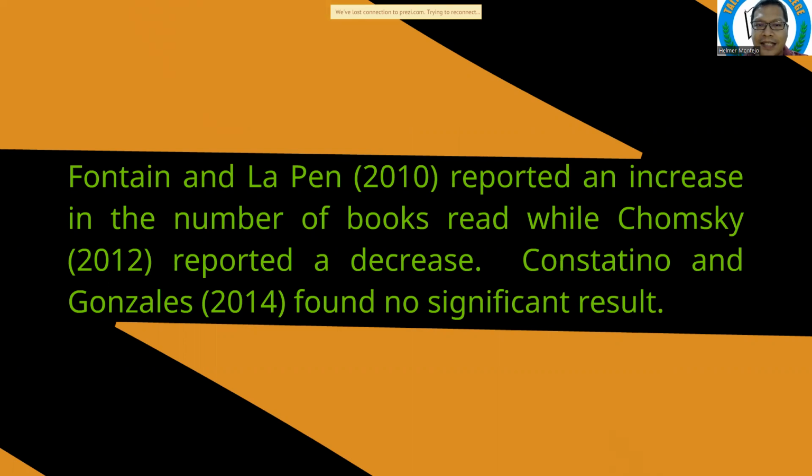Constantino and Gonzalez (2014) found no significant result. Again, note that Fontaine and Le Pen, Chomsky, Constantino, and Gonzalez are not arranged alphabetically. They are arranged in any order you want, because they are part of the running text.